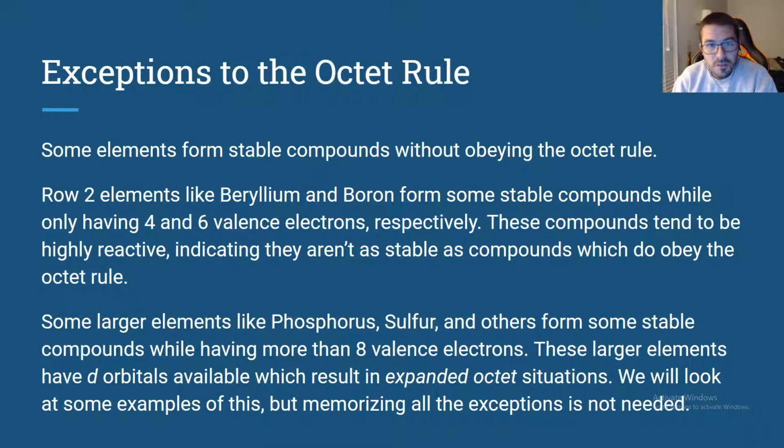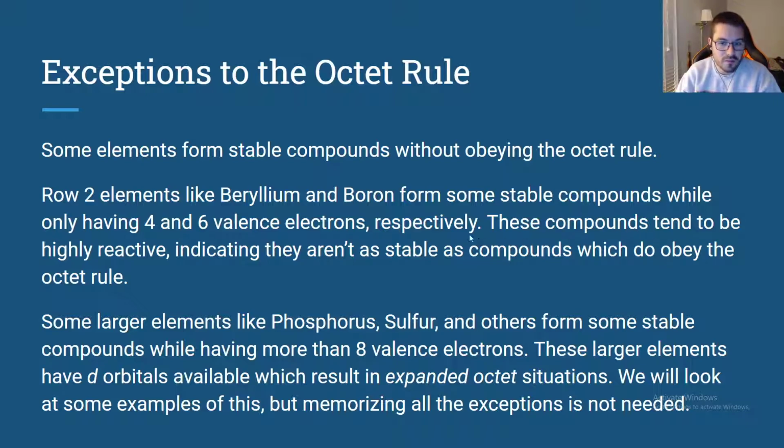There are some exceptions to the octet rule. The first thing I want to mention is actually the last sentence of this slide. We are going to look at some examples of exceptions to the octet rule, but memorizing all of the exceptions is not needed. It's useful for you to know that there are exceptions to the octet rule and to be able to potentially explain why there's an exception, but you don't have to memorize all of them.